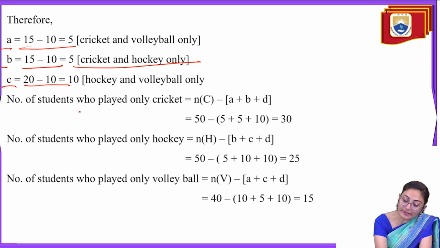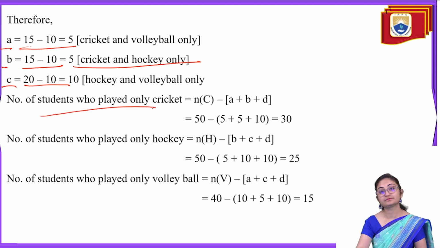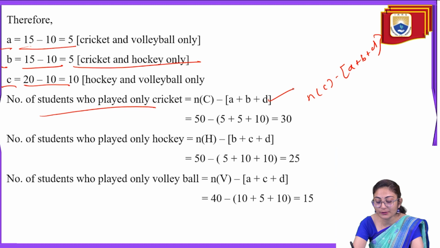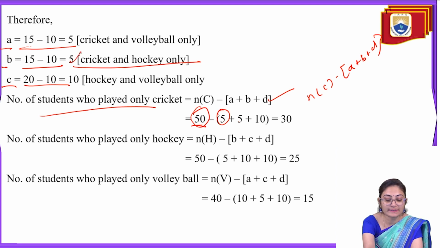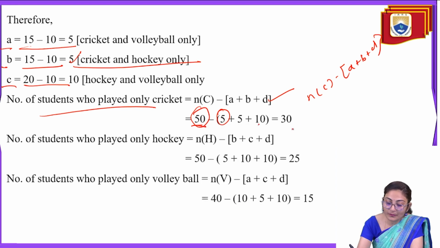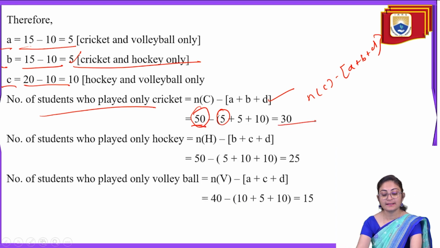Now the number of students who played only cricket is N of C minus A plus B plus D. All these values you have; after putting them in, N of C is 50, A value is 5, B value is 5 and D value is 10. So that is 30.